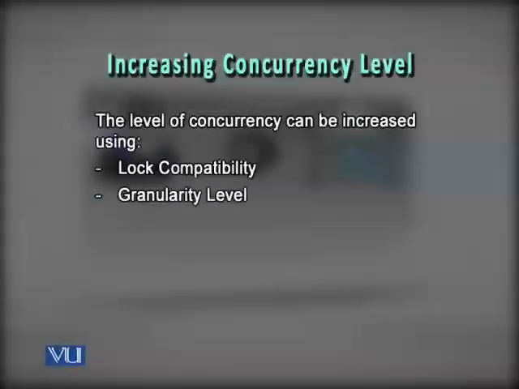One is lock compatibility, where they assign locks to different transactions on the same data item. And second is the granularity level, where they can adjust the level of locking, which determines the level of concurrency that the DBMS offers. So these are the two strategies that the DBMS, or even an ODMS, adopts.